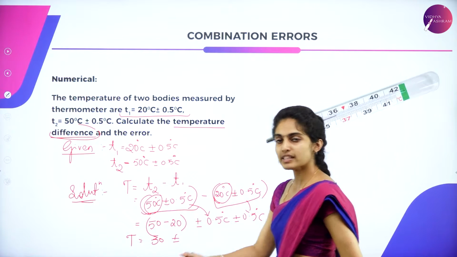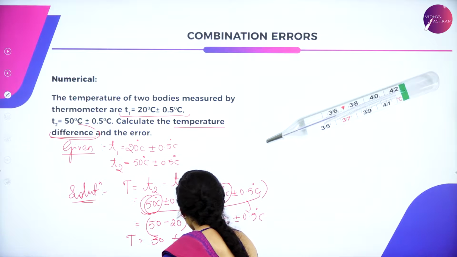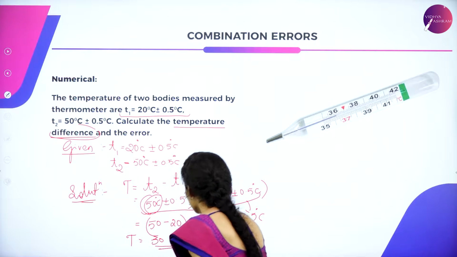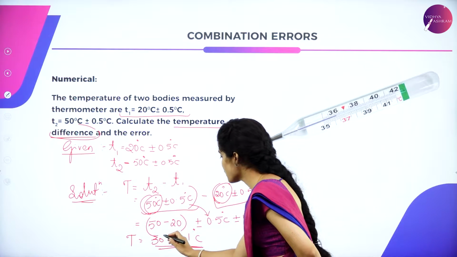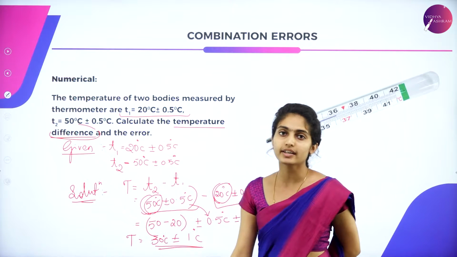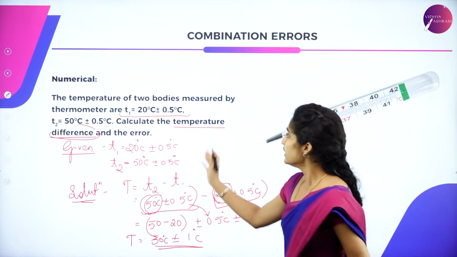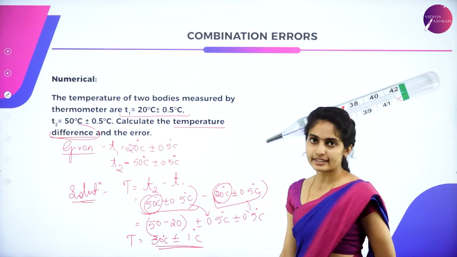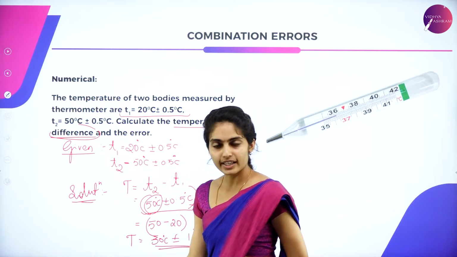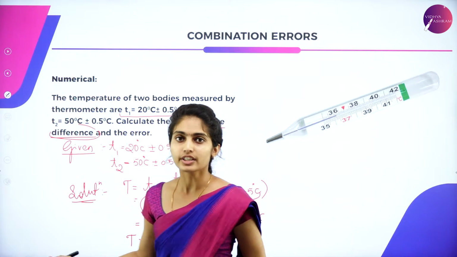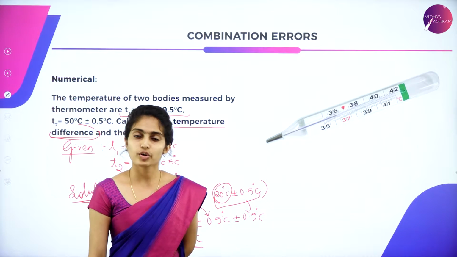So 0.5 plus 0.5 gives you 1 degree Celsius. So 30 degrees Celsius plus or minus 1 degree Celsius is the temperature difference and the error in the given observation. I hope it's clear.